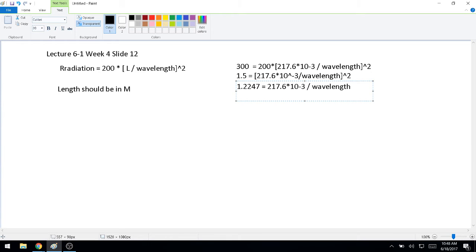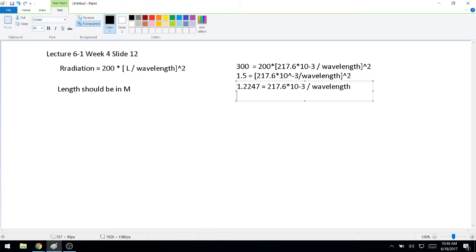So 217.6 times 10 to the negative third divided by 1.2247. And then just plugging these numbers in.